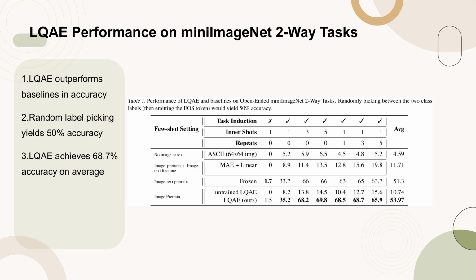This underscores the effectiveness of the LQAE in accurately classifying the images, surpassing other methods such as MAE plus linear, image pretrain plus image text fine-tune, and image text pretrain. The results indicate that the LQAE model is particularly adept at handling the nuances of image classification tasks, making it a robust choice for such applications.